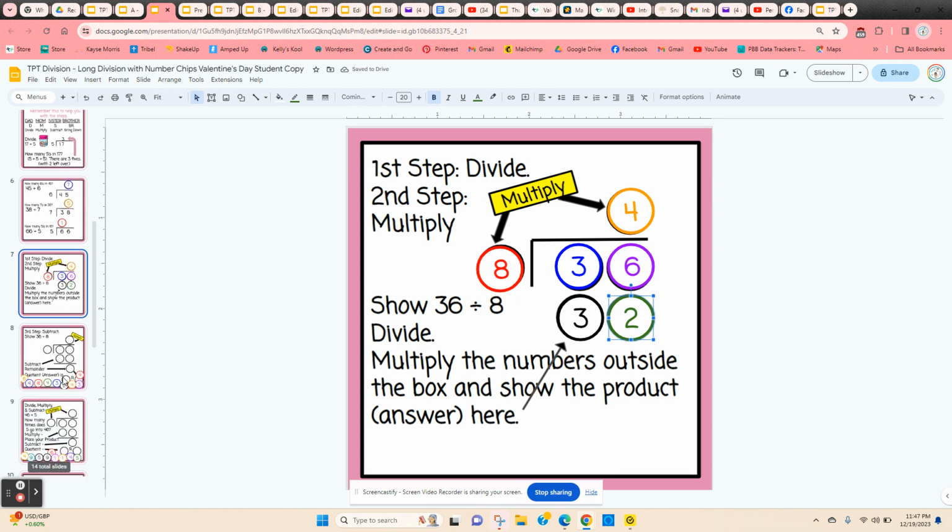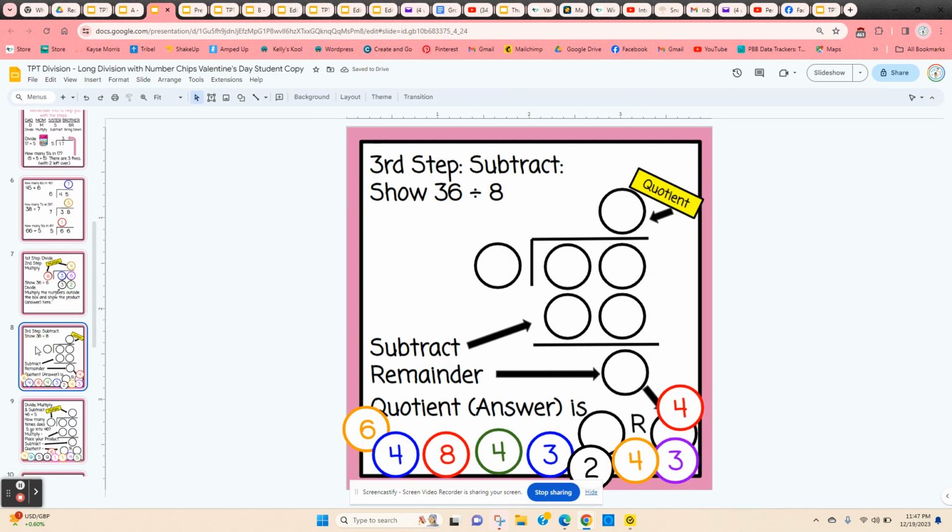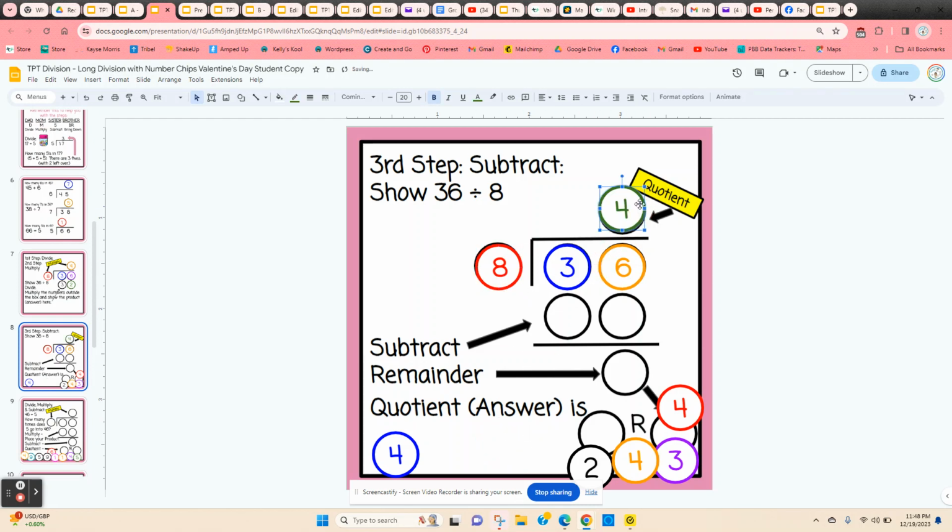The next slide has the same problem, but they're going to move on to the third step. Here they already know what to do. They place their numbers again, 36 divided by 8. They divide: 8 goes into 36 4 times. They did this on the previous slide.